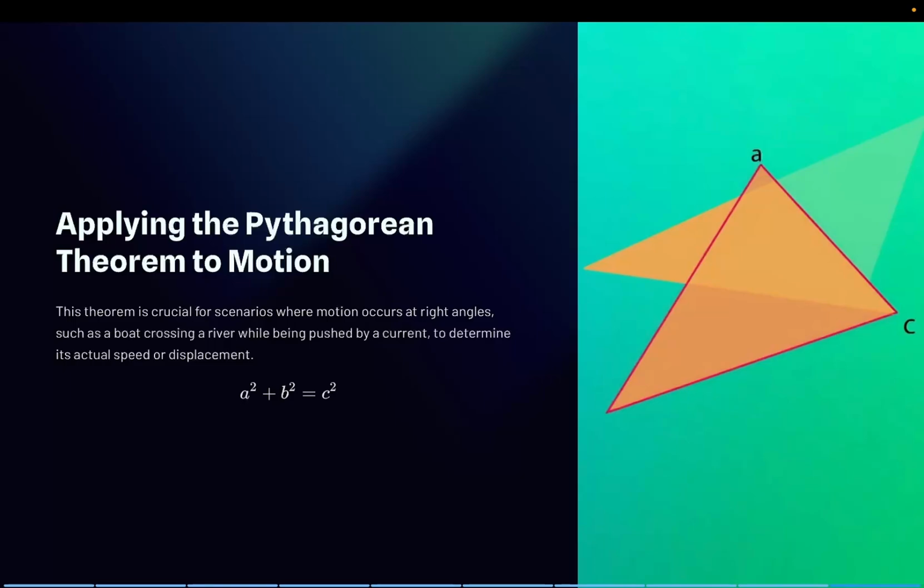For example, 10 kilometers and 4 kilometers are considered distances, which you put in the place of a squared and b squared. And c squared is going to be your answer, or your displacement.